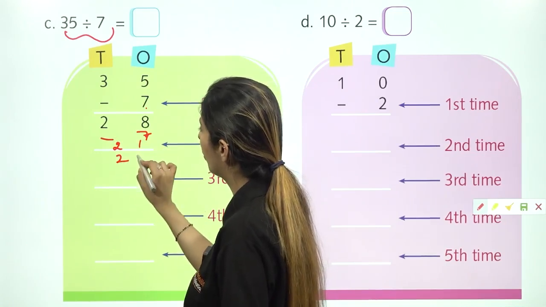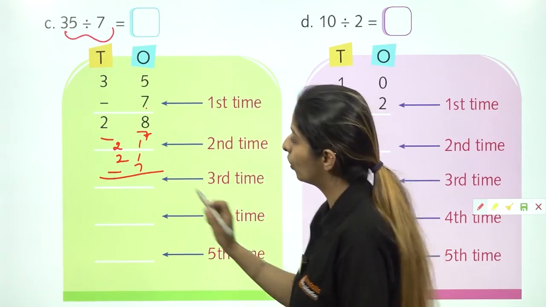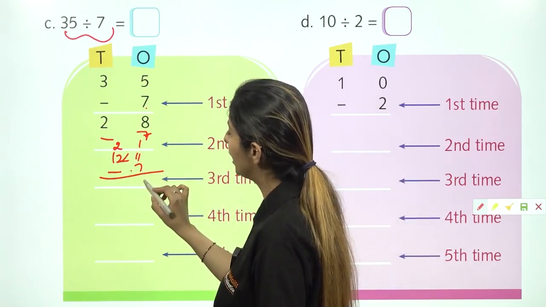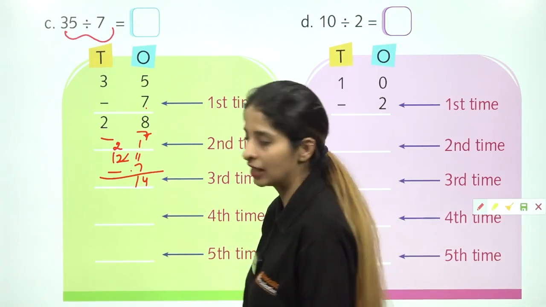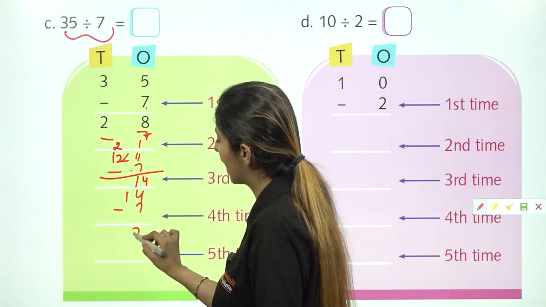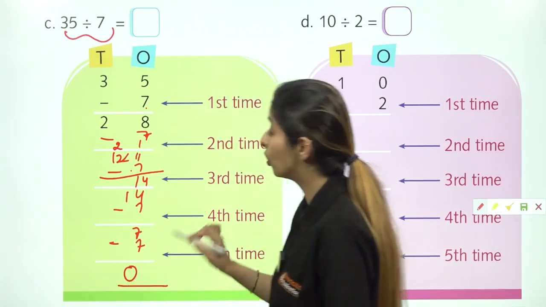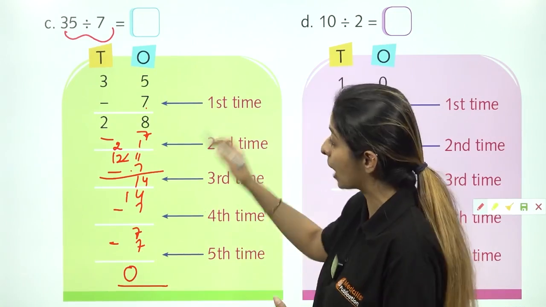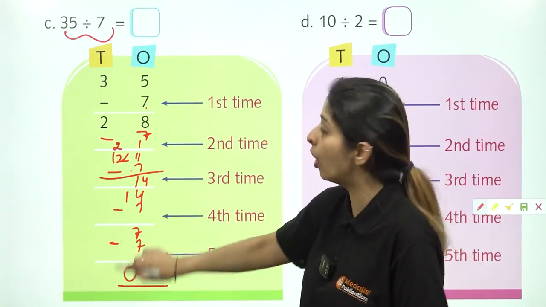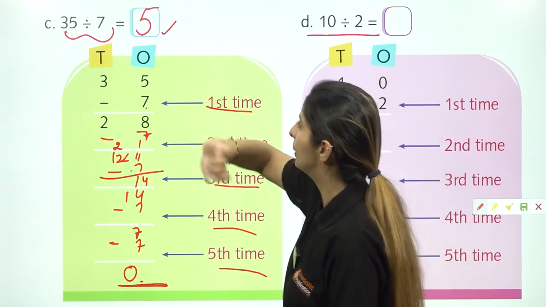So 21 again we minus by 7, we get 14. Now again we minus, so we get 7. Now again if we minus 7, we get 0. So how many times did we subtract the number to get the 0? 1, 2, 3, 4, 5. So your answer will be 5.